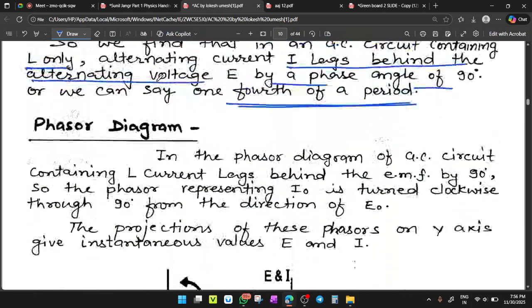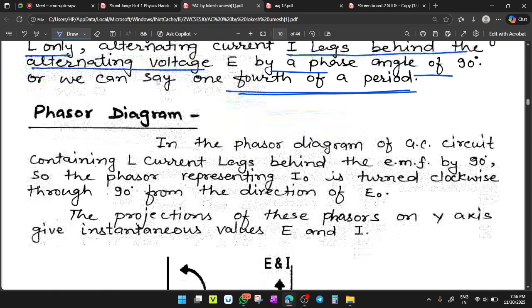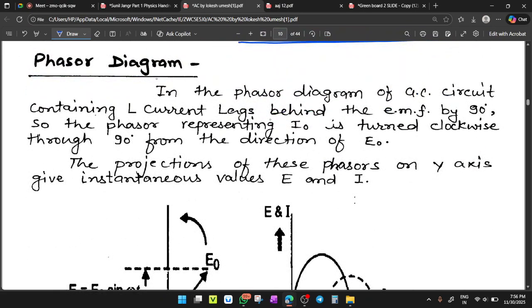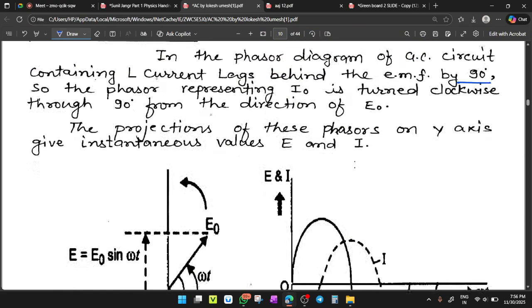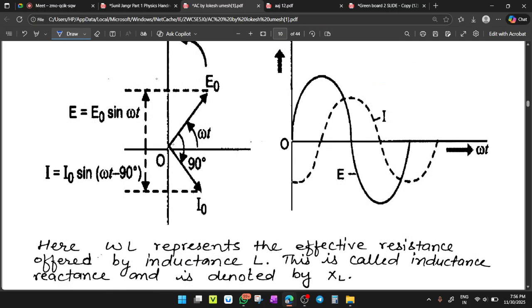Now draw the phasor diagram here. In the phasor diagram for an AC circuit containing L, the current lags behind the EMF by 90 degrees. So the phasor representing I naught is turned clockwise, remember, minus means clockwise, through 90 degrees from the direction of E naught. First take the direction of E naught, the maximum EMF. The vertical component of E naught gives you E naught sine omega t.